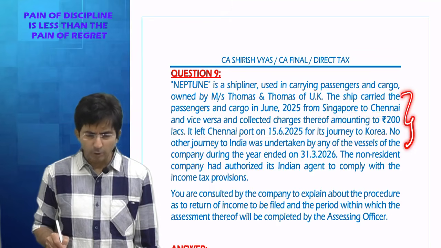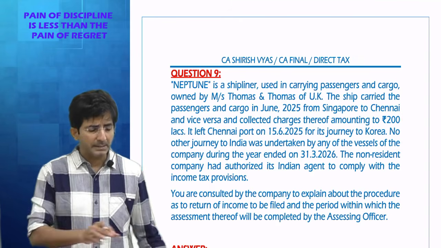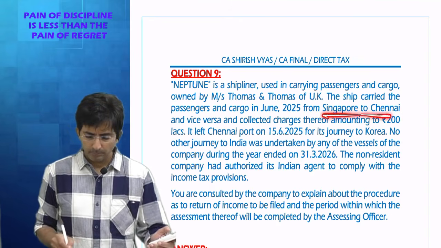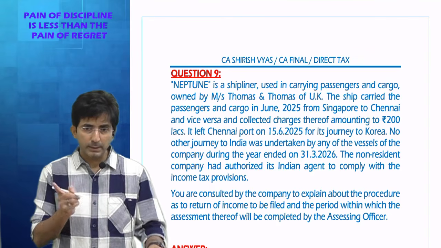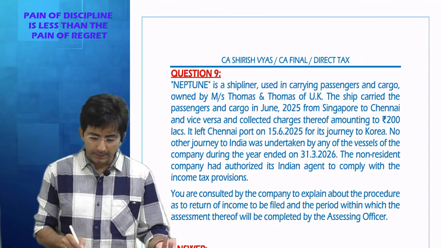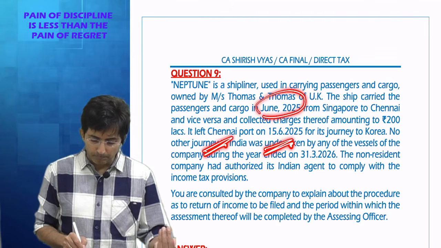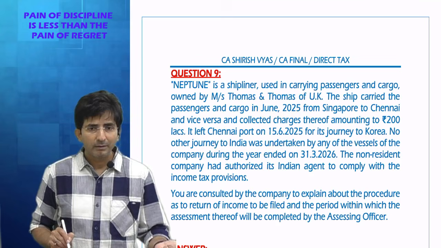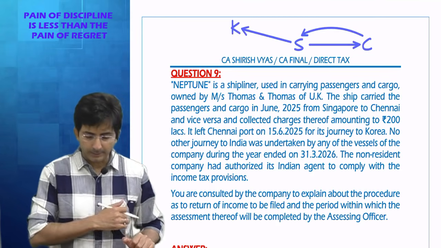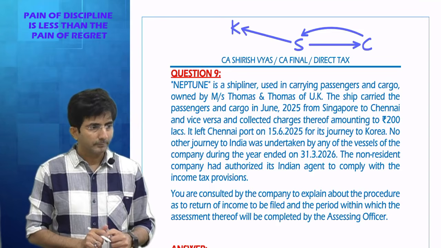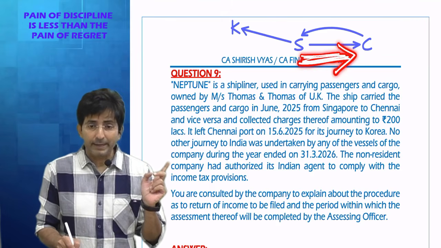Please read this once again in your mind. What are they saying? The ship carried passengers and cargo from Singapore to Chennai and vice versa. Means Singapore to Chennai, Chennai to Singapore. And then they are saying that on 15 June the ship left from Chennai port to Korea. So the wording of the question is very confusing. Actually, see, the story is like this. From Singapore, it first went to Chennai.